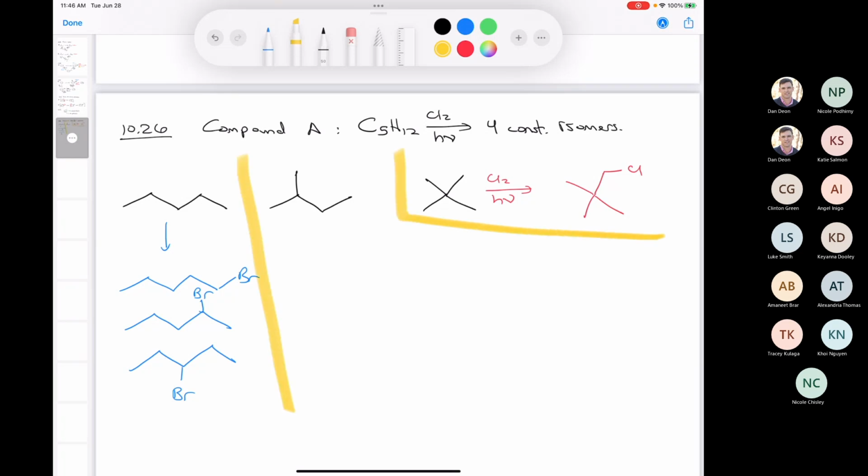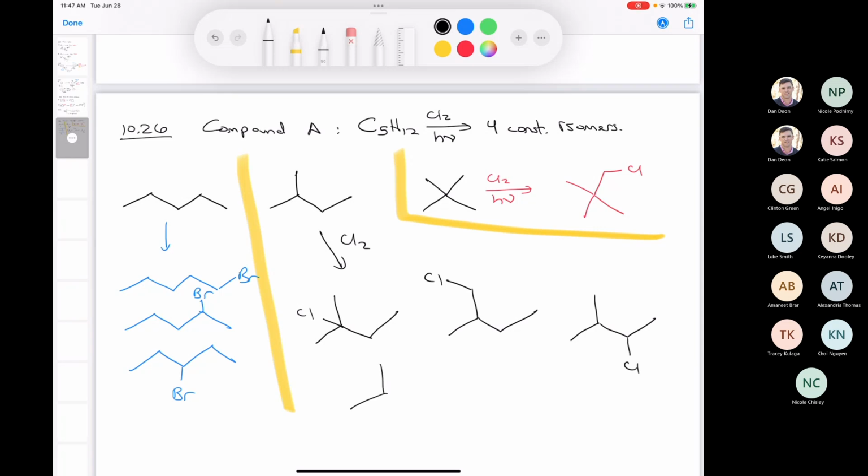But if we have 2-methylbutane, the last one, well, how many possibilities are there for this one? If you treat this with chlorine, you can put the chlorine at the most substituted position. You could put it at one of the methyl positions. You could put it on this methylene.